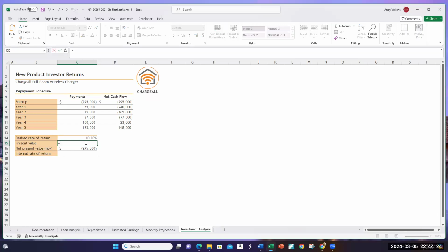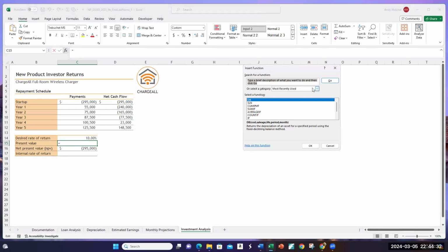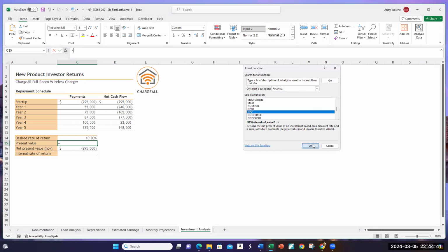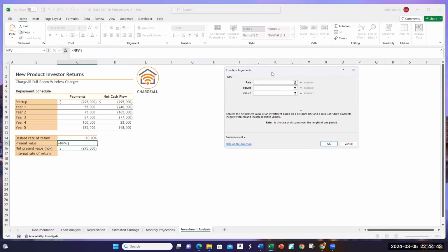Let me use the formula wizard. It's under financial and it's NPV. Okay, this is the net present value formula.